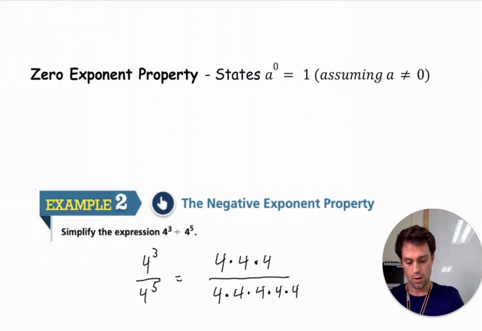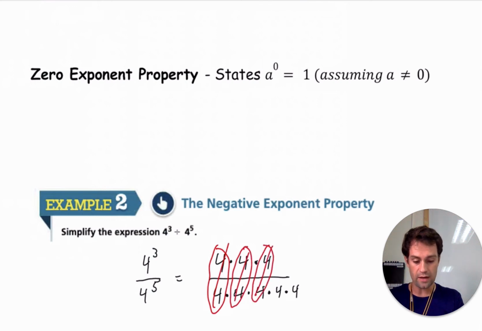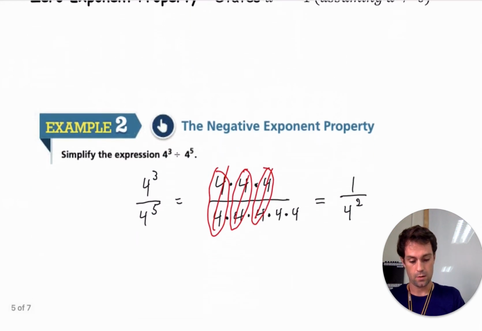Okay? 4 divided by 4 is 1, 4 divided by 4 is 1, 4 divided by 4 is 1. So all we have left is nothing on the top, so that is represented by 1 over 4 squared. Okay? Which is 1 over 16.